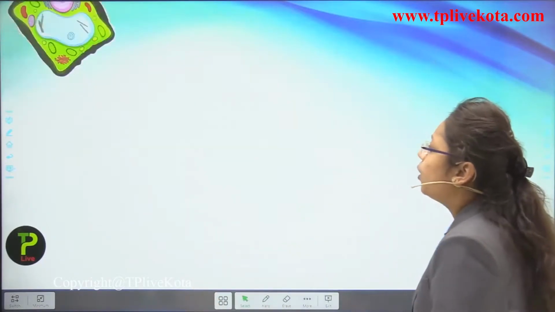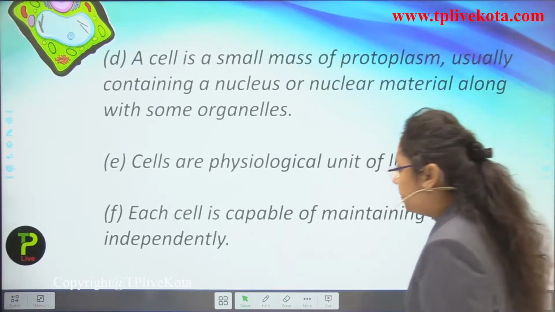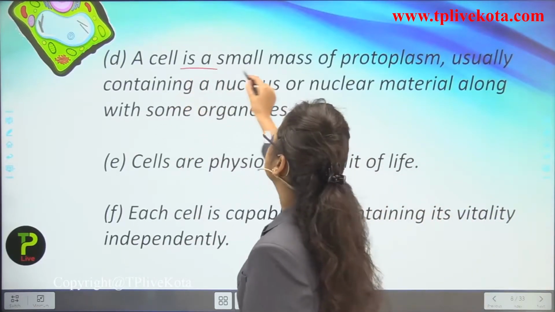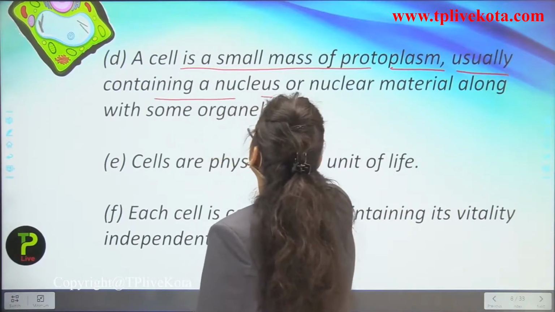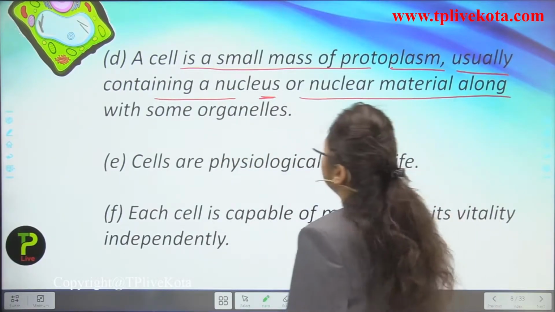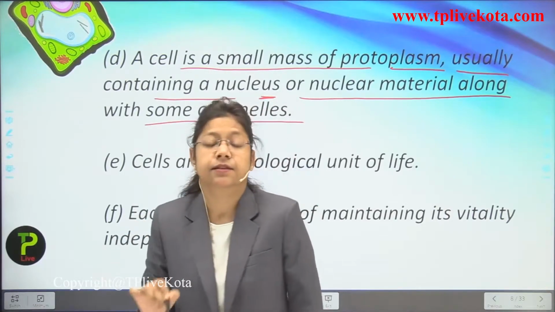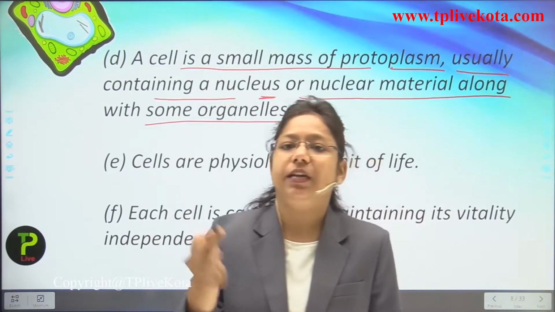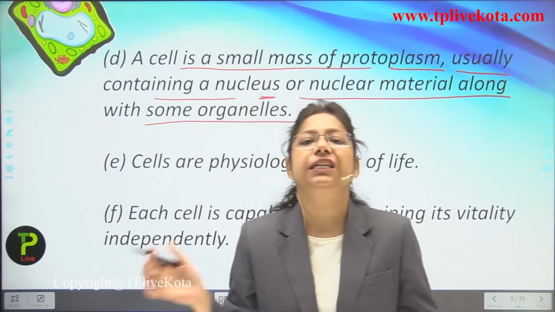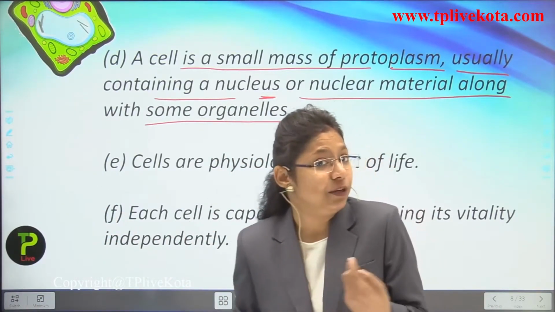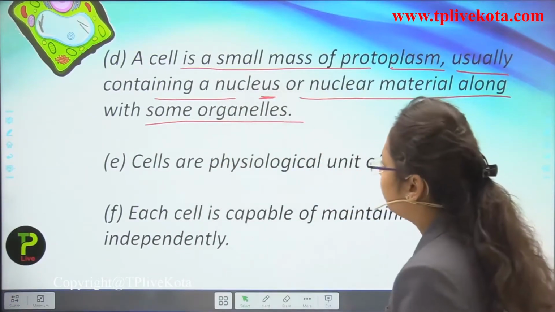Now, moving towards the next slide, we are going to learn that a cell is a small mass of protoplasm, usually containing a nucleus or nuclear material along with some organelles. So what is protoplasm? Nucleus and cytoplasm are combinedly known as protoplasm.